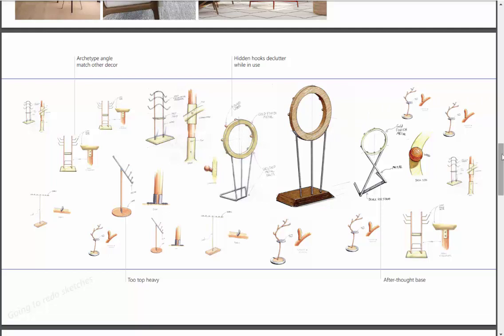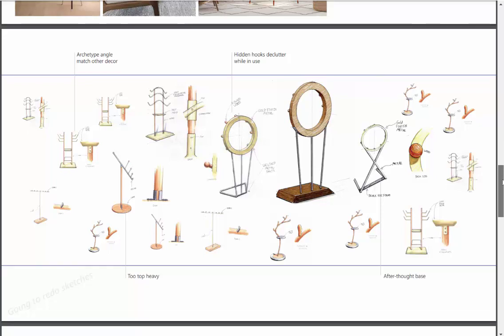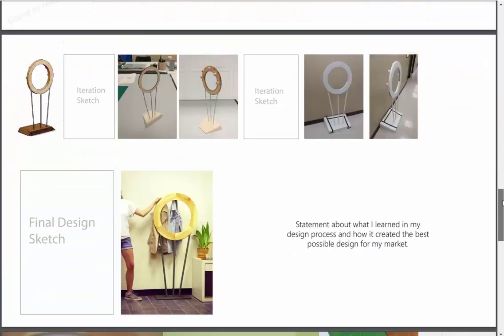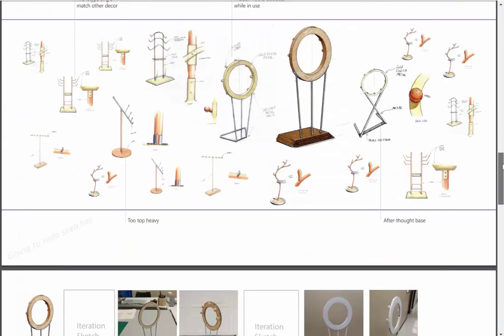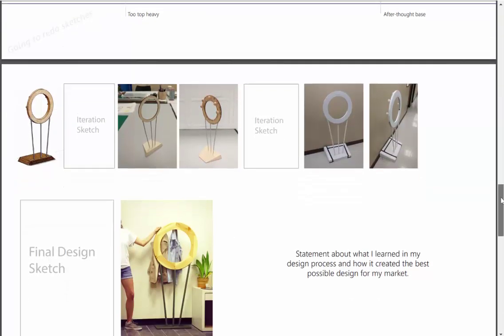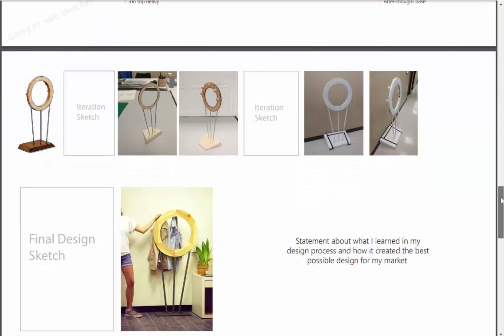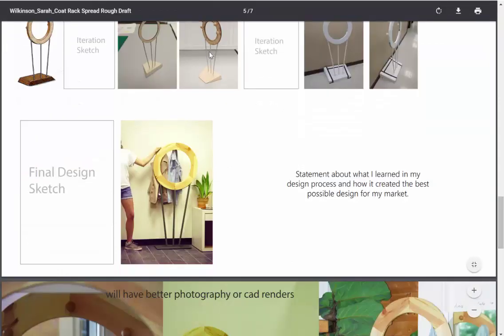Archetype angle. What do you mean by that? And initial findings say you only did one type of model. Why? And then you have these spheres, which I think are actually kind of pretty, but you choose to hide them.